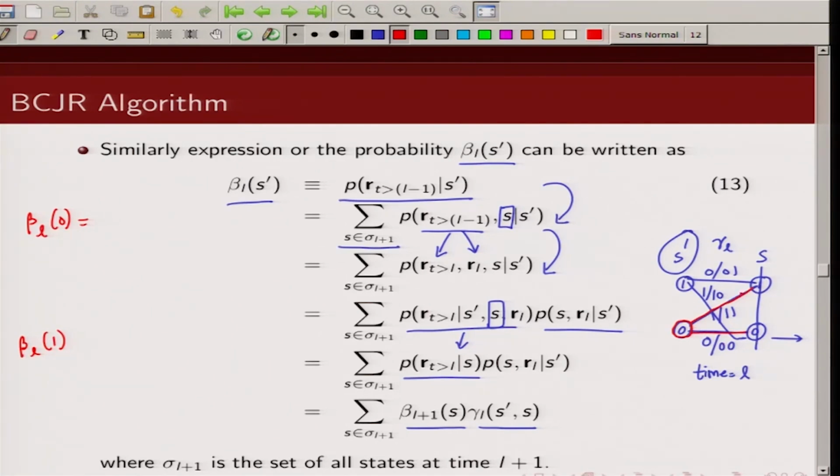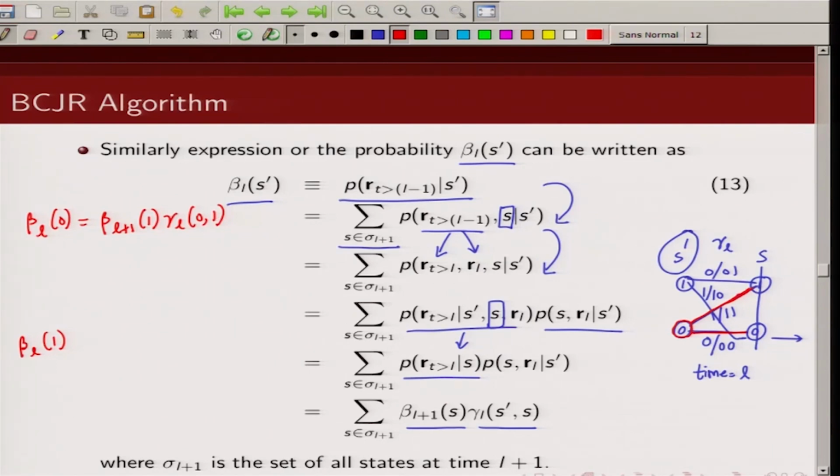There are two transitions, one is this one, another is this one. So, let us write the expression for this particular term. This we can write as beta at time L plus 1 times gamma L 0 1.